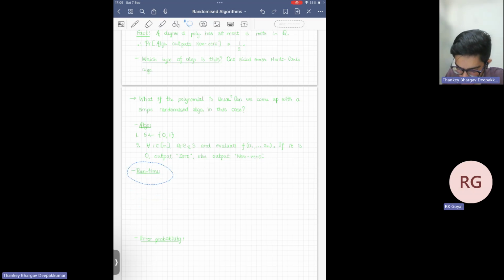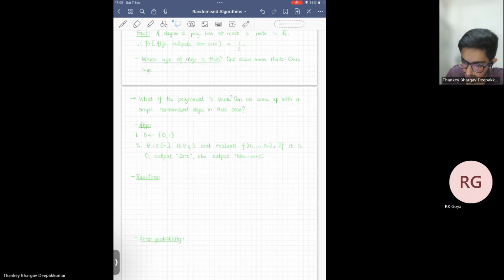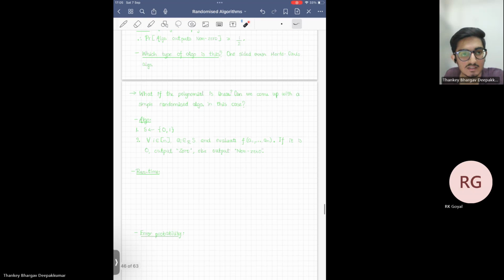So from where are we picking the values, say the ci's? From the set S, where S is {0, 1} over here. Why only 0 and 1 and not any other value?